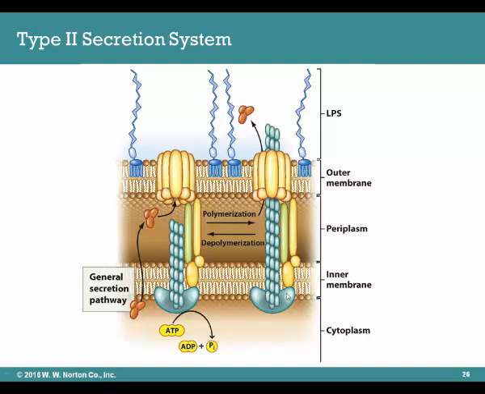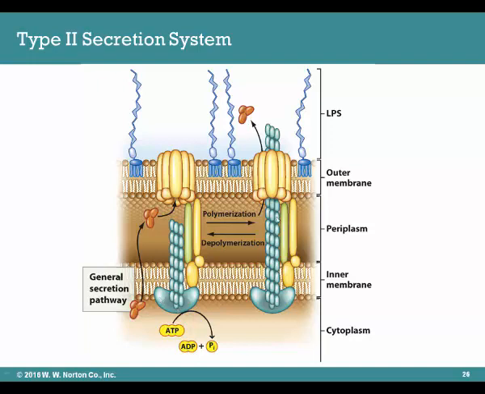And this secretion is energy dependent, so there has to be an input of energy in order for this to work. In the general secretory pathway, there has to be some kind of channel that carries the toxin across the lipid bilayer of the inner and outer membrane of the bacteria, because these are proteins and they're too big to just cross by diffusion.